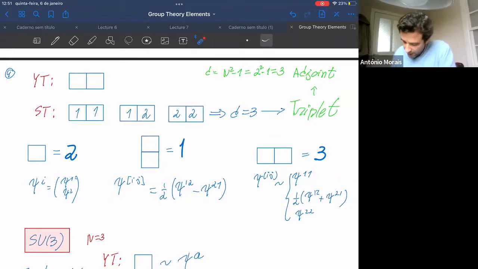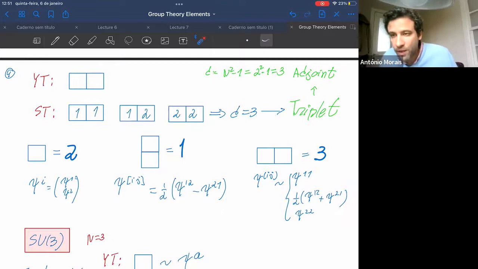And then the other one, green anti-red, but in an anti-symmetric way: green anti-red minus red anti-green. And this would be green anti-red plus red anti-green. And this would form a triplet.